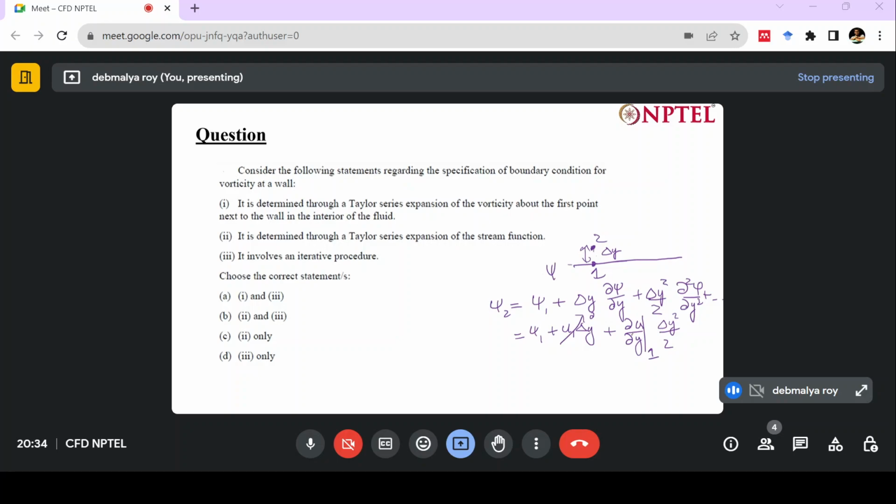This del u del y at point 1 can be used to formulate a vorticity boundary condition. If this del u del y has a value, then we can formulate a vorticity condition. So let's try to isolate this portion.